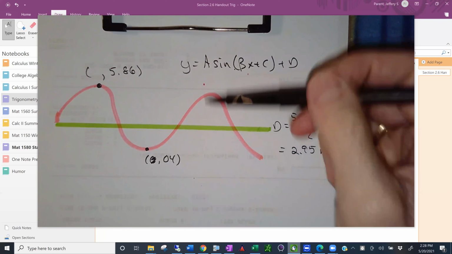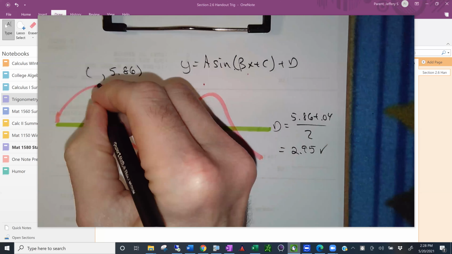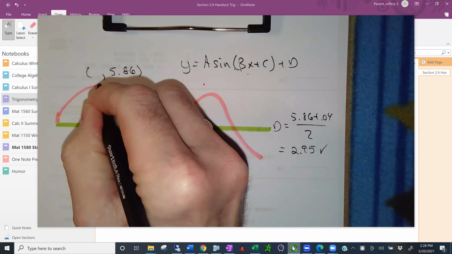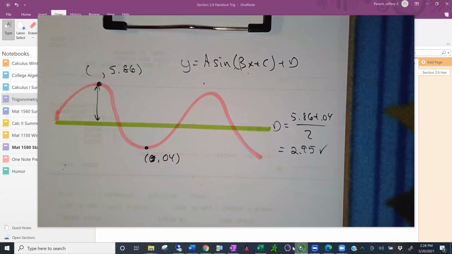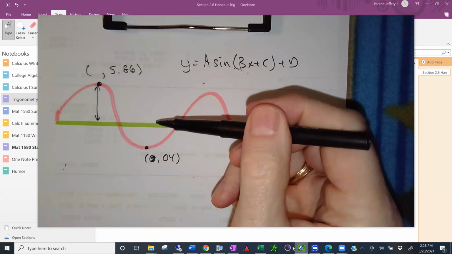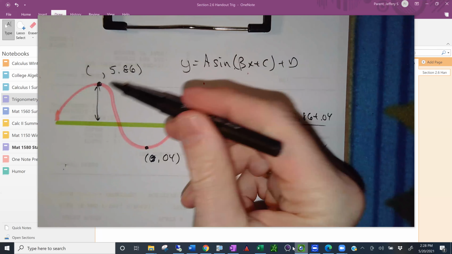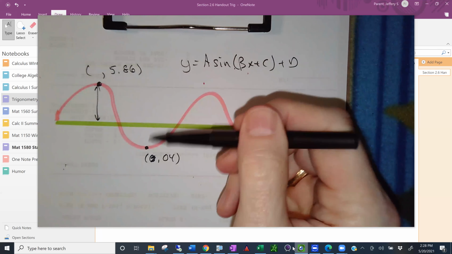What about A? A is going to be the distance between this middle line and the high tide, or the middle line and the low tide. I know it doesn't look good on camera, but these are actually identical distances. This one might appear shorter.